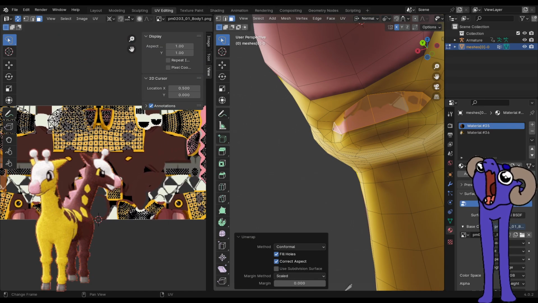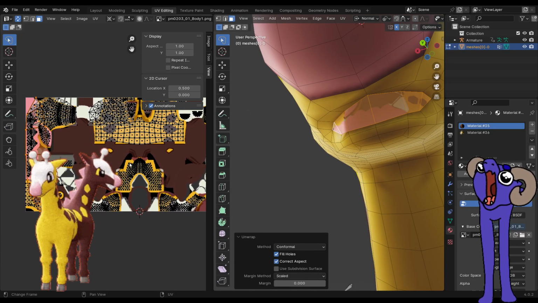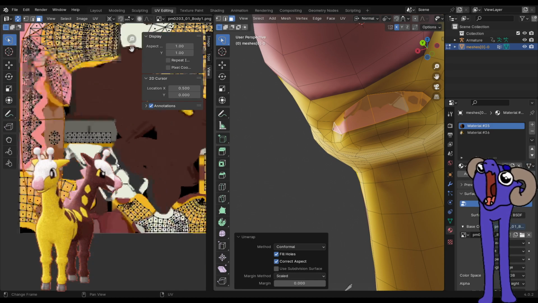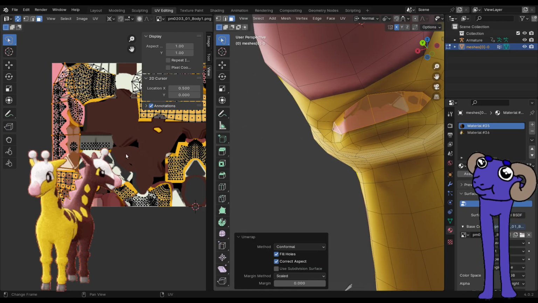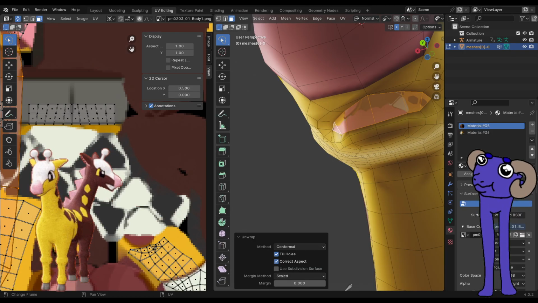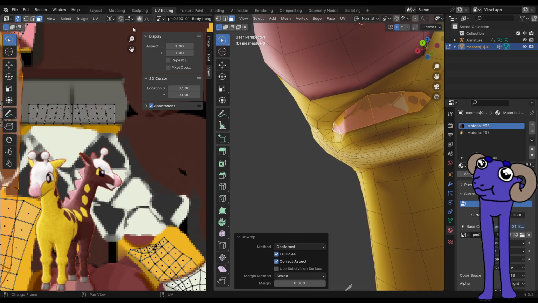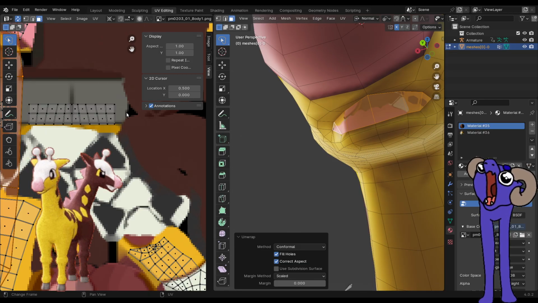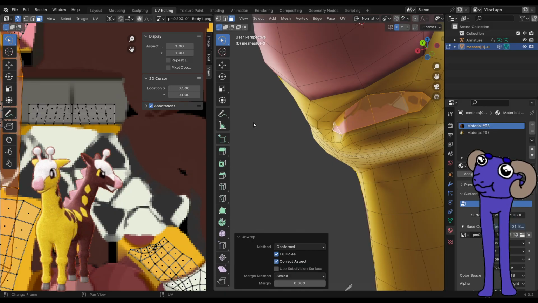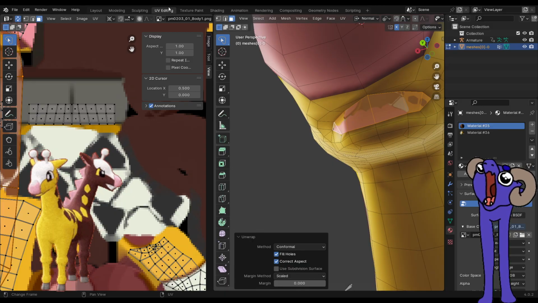Unwrap that grin, and whereabouts are the teeth on this? Is that the teeth? Let me open up another Blender file and import the teeth because I want to see where they are in the UV map. So import FBX, and we got this one. Go to the UV editor.